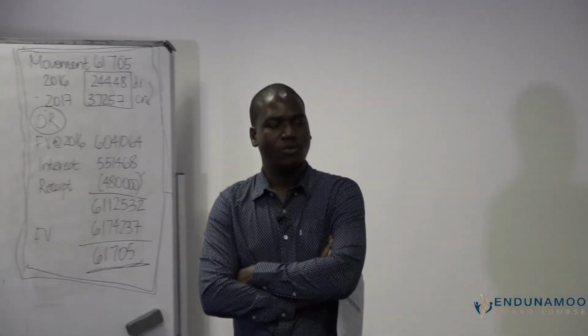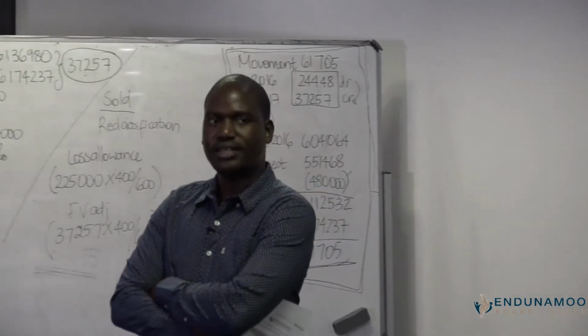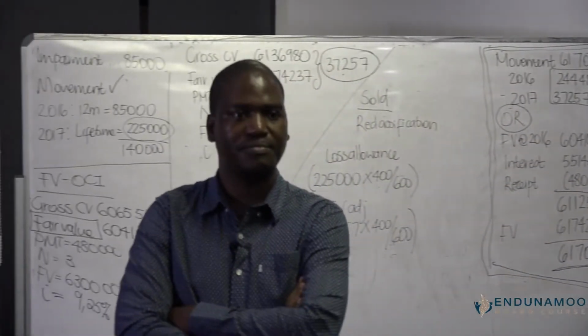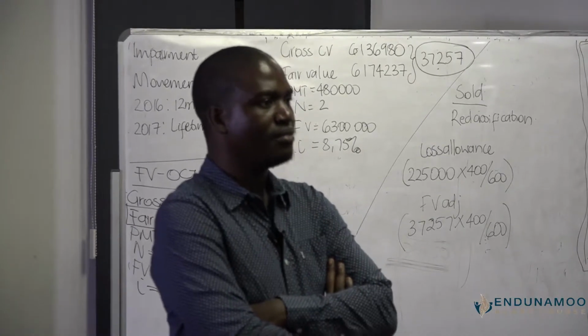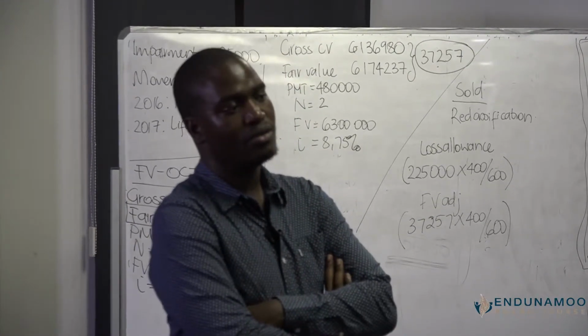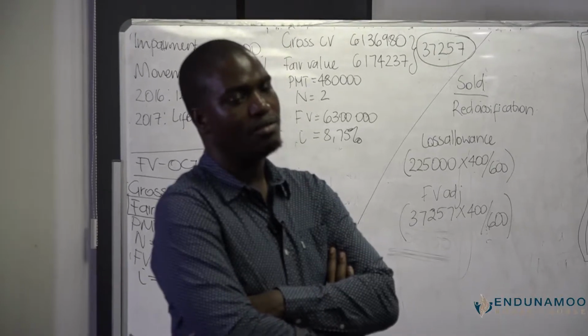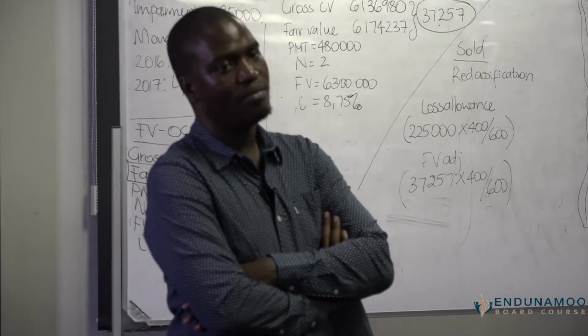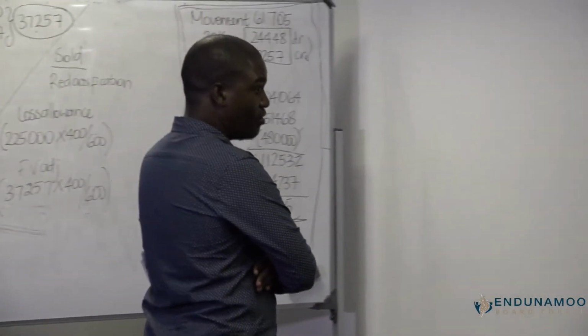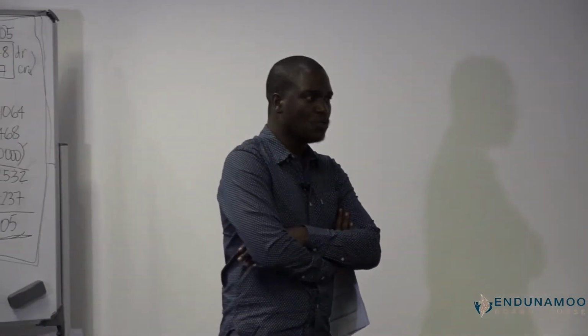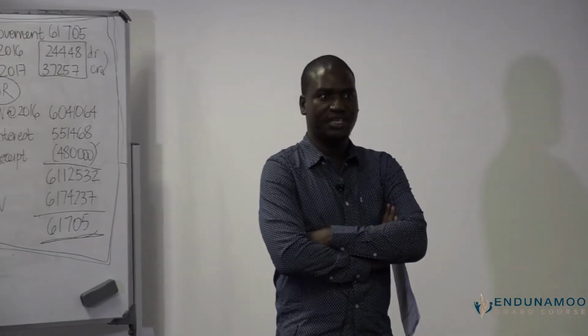So if it is equity, what is wrong with taking dividends to the statement of P&L? What is wrong with that story? So two things are wrong. Including it there is wrong, but fundamentally, you do not accrue dividends on equity.